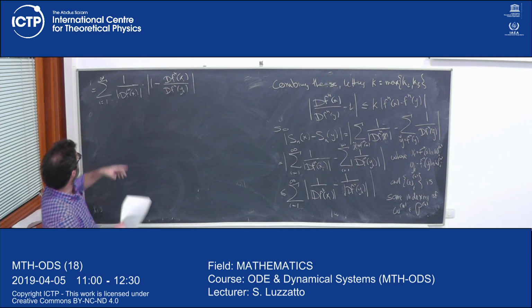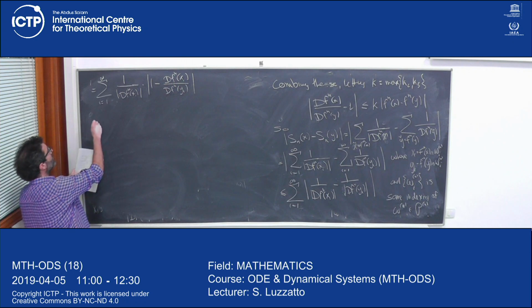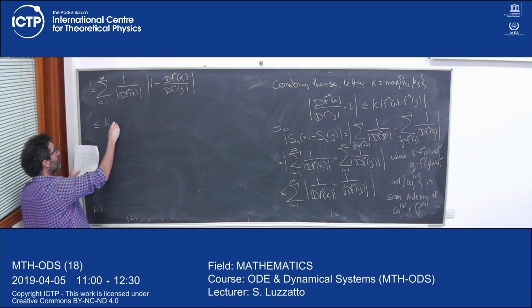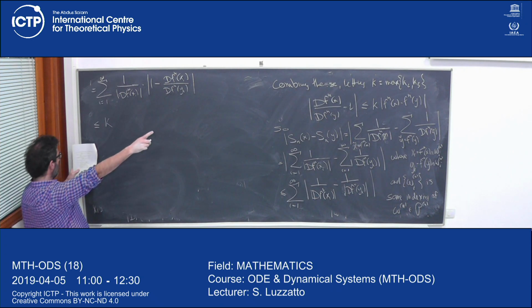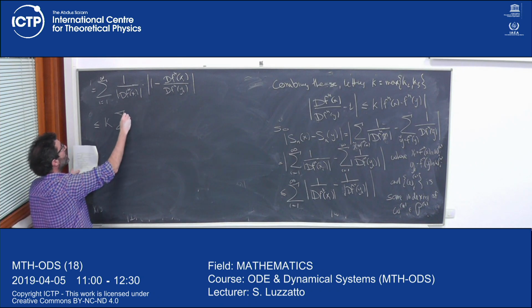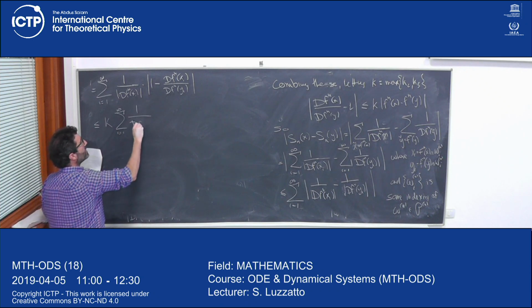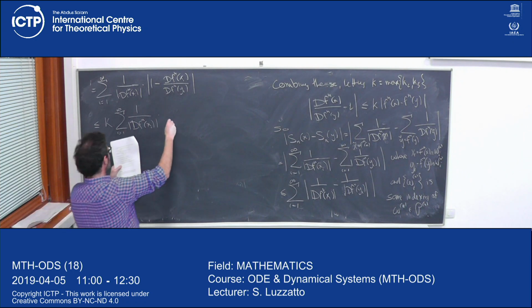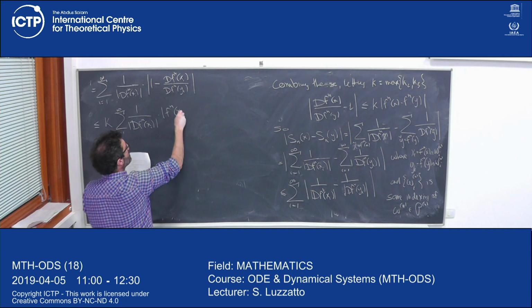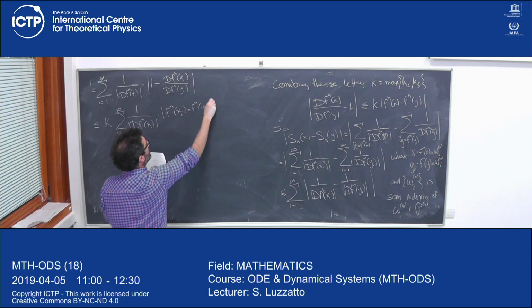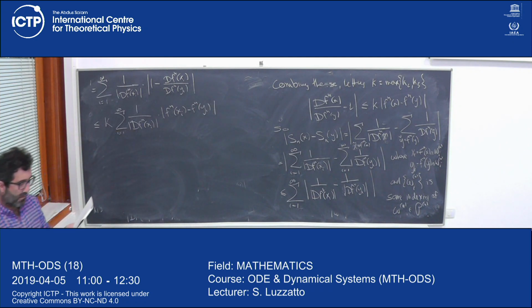So this is less than or equal to k, because I'm going to bound this by that, times the sum i equals 1 to infinity of 1 over the derivative of f^n at x_i, times the distance between f^n of x_i and f^n of y.